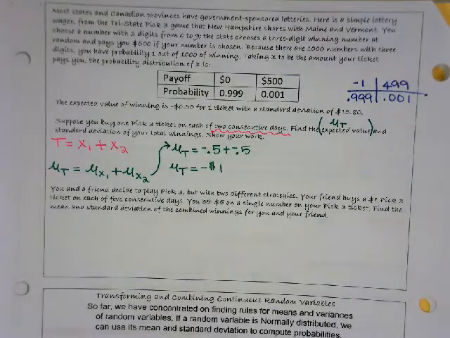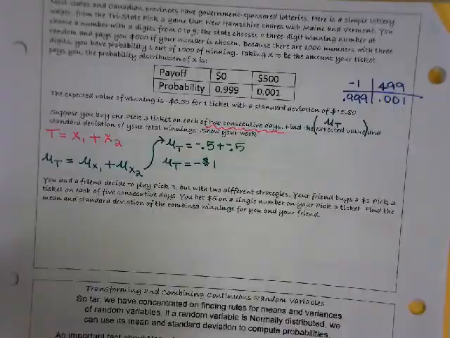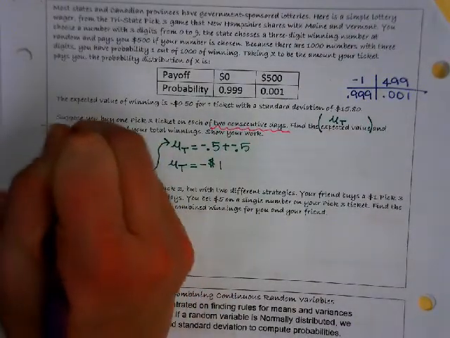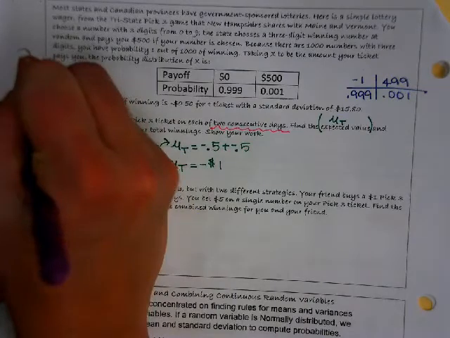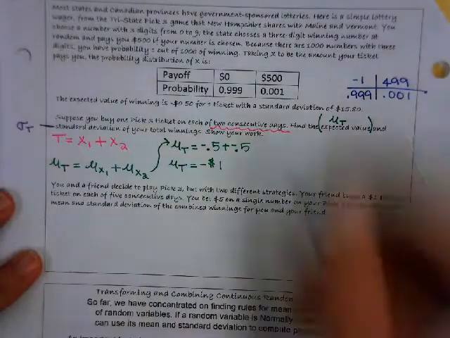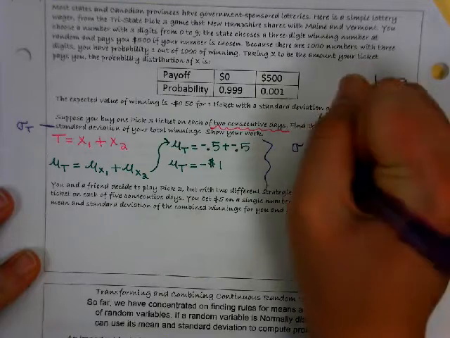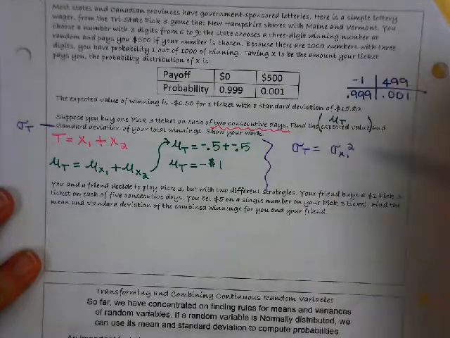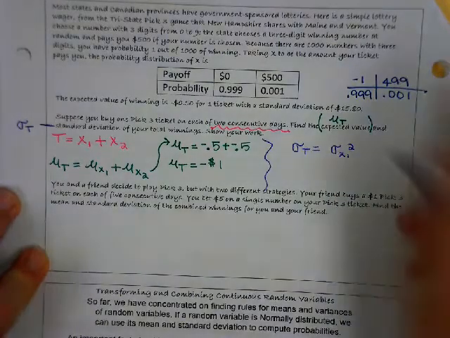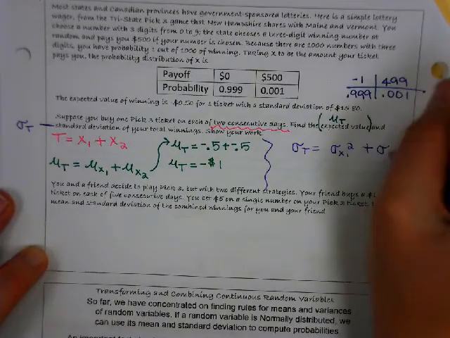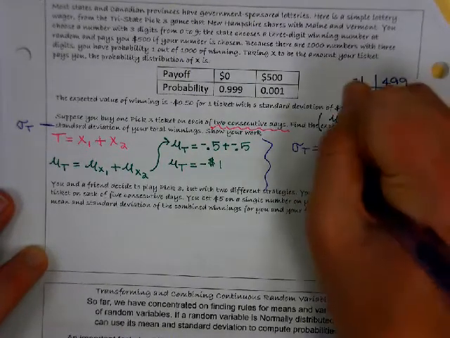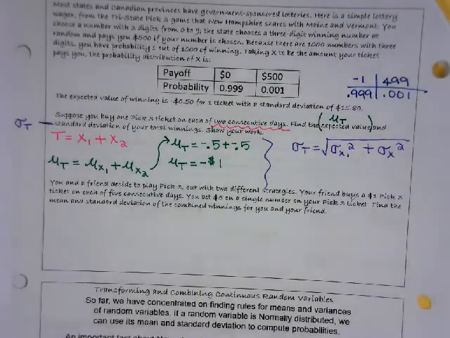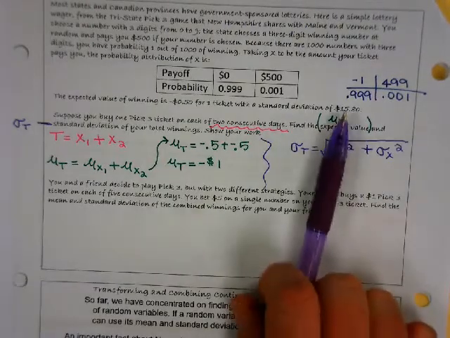Then to do standard deviation, we have to add the variances together, the standard deviation of T. So we're going to take our variance for the first day, so that's our standard deviation for the first day squared, plus the standard deviation for the next day squared, and then we're going to square root it to get it back to a standard deviation. We're playing the same lottery game, so the standard deviation stays the same.